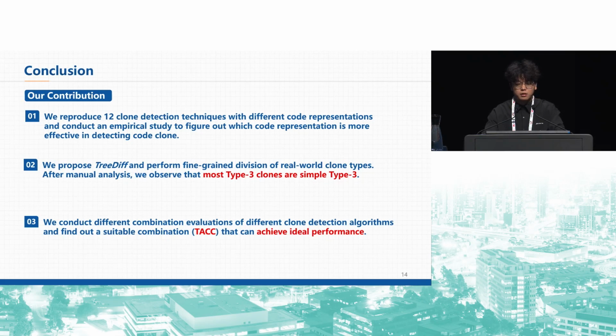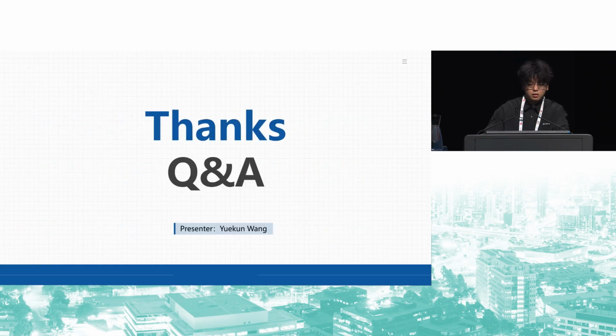After manual analysis, we observe that most type 3 clones have simplicity. And at last, we conduct different combinations of different clone detection algorithms and find out a suitable one. We implement it as a tool named TACC, which can achieve ideal performance. And thanks for your listening.